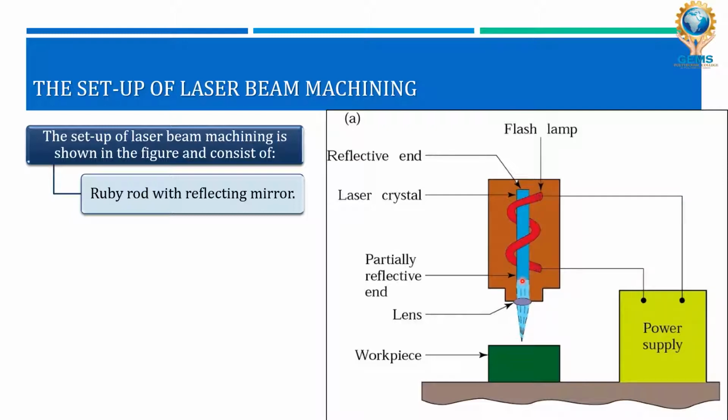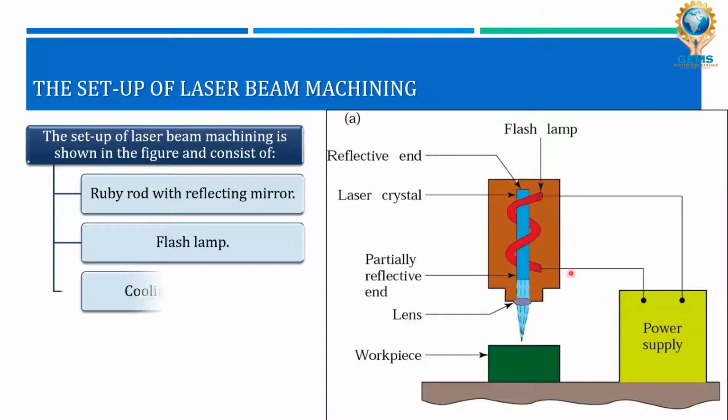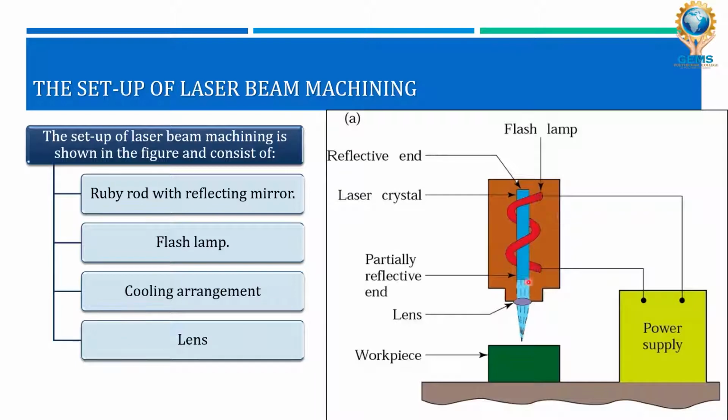At the other end we have the partially reflective mirror, and the flash lamp which surrounds the ruby rod, and the cooling arrangement which is used to cool the flash lamp, and the lens which is used for focusing the laser light towards our work piece, and the power supply. Okay, so this is the setup of the laser beam machining.